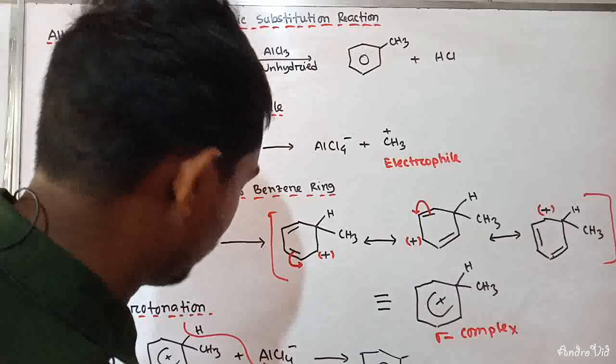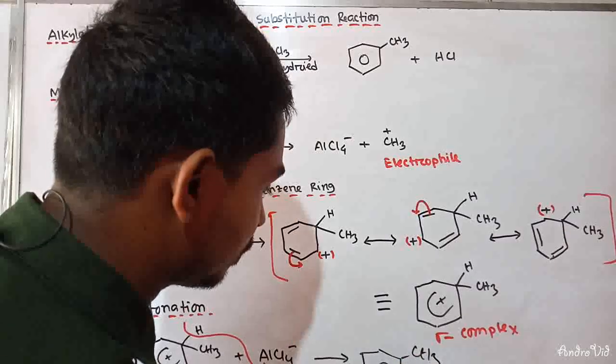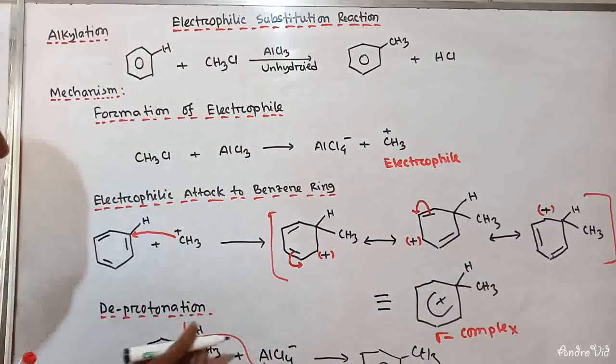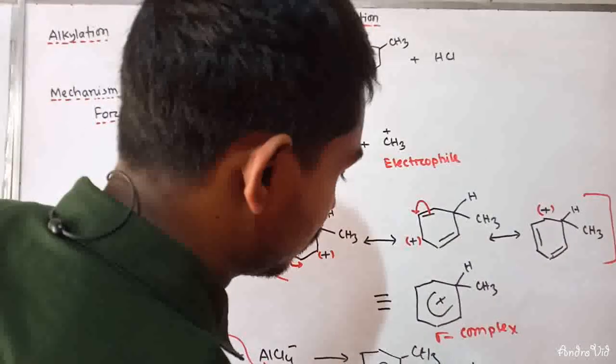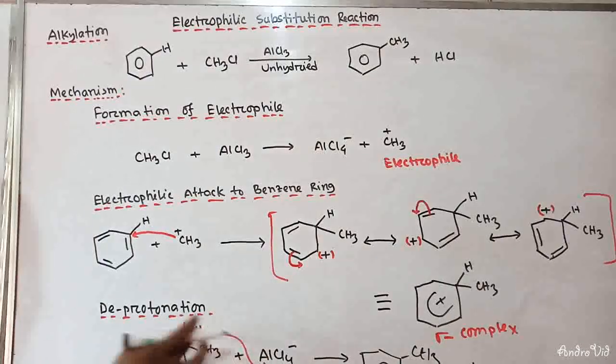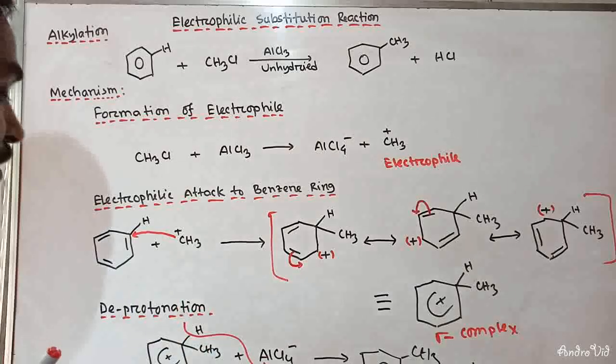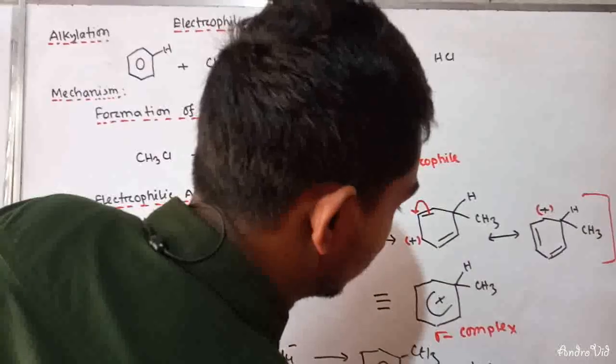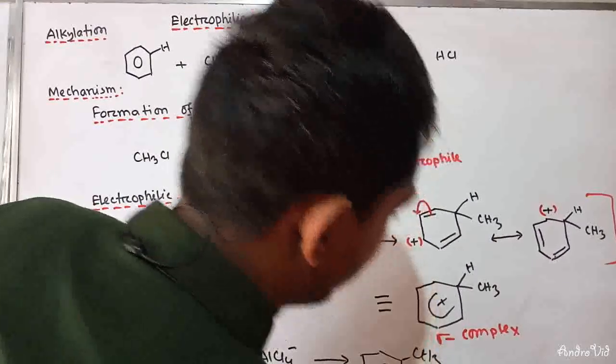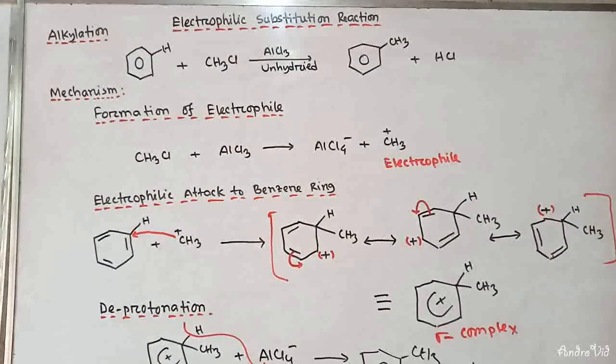So then you will get this product, and AlCl3, Cl minus will be formed. An HCl bond will be formed, hydrochloric acid, by forming a bond with the proton, and the catalyst AlCl3 will be intact at the rest of the reaction.